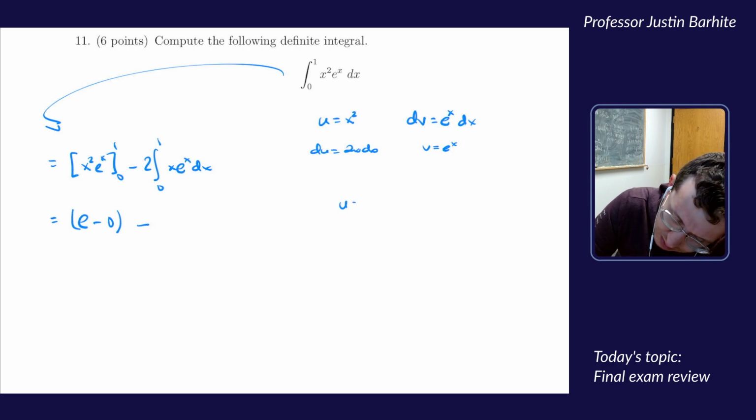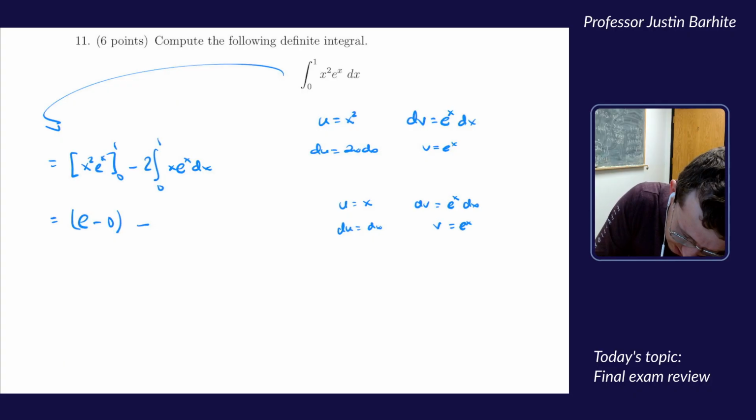And then when I integrate by parts again, I've got u equals x, so du is dx, dv is e to the x dx, meaning v is e to the x. And when we apply integration by parts, we'll get uv, which is x e to the x, evaluated from 0 to 1, minus the integral from 0 to 1 of v du, which is e to the x dx.